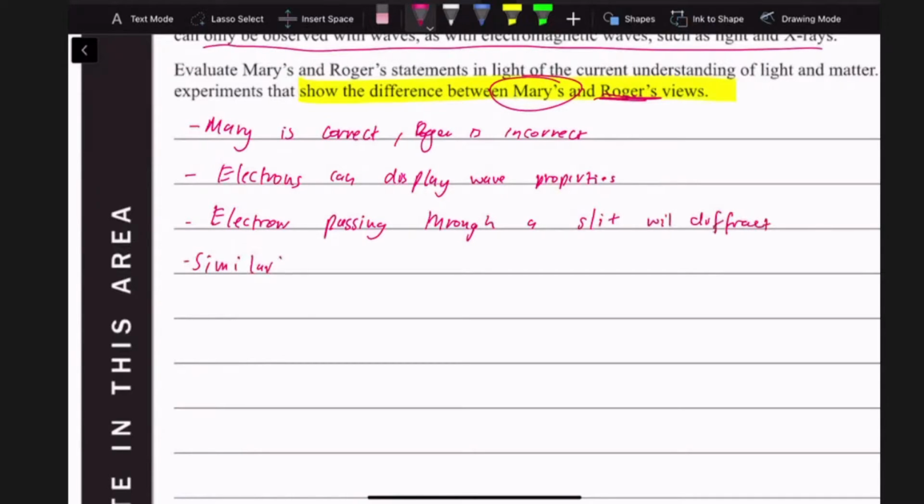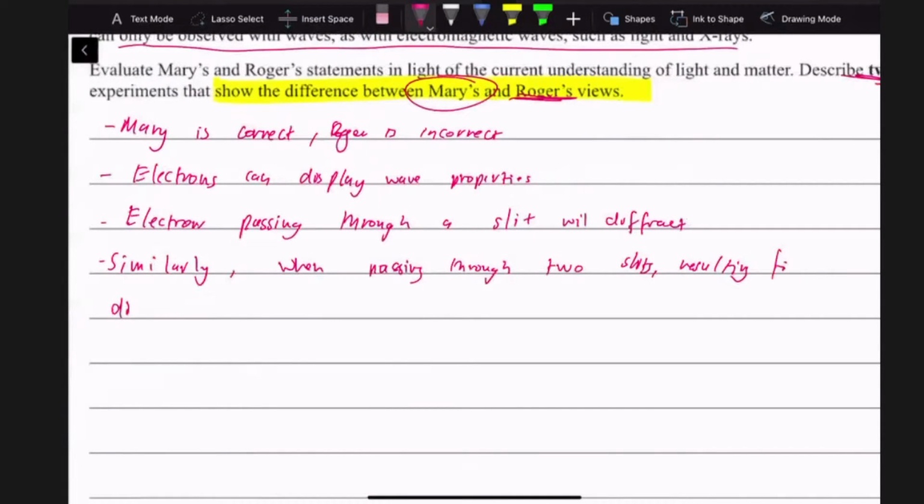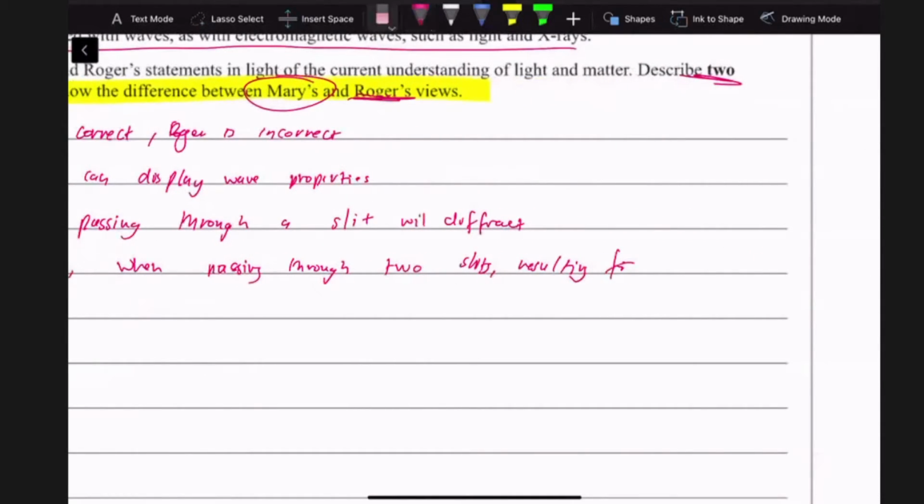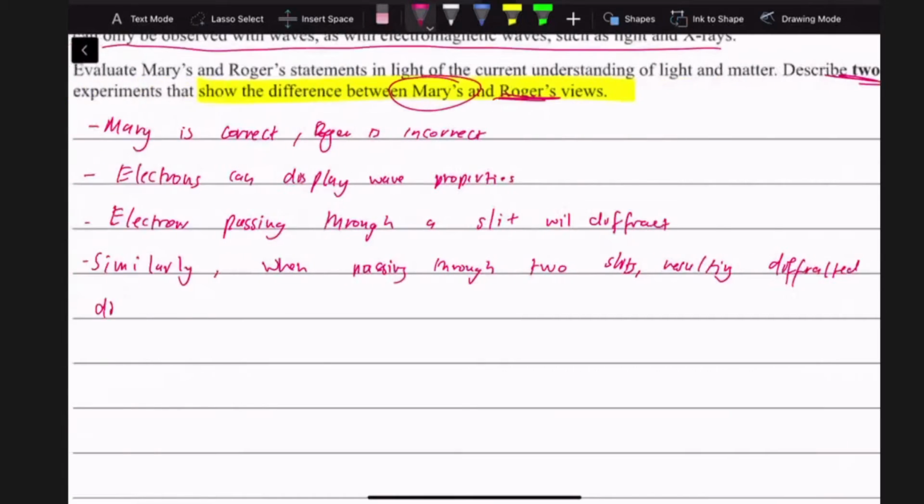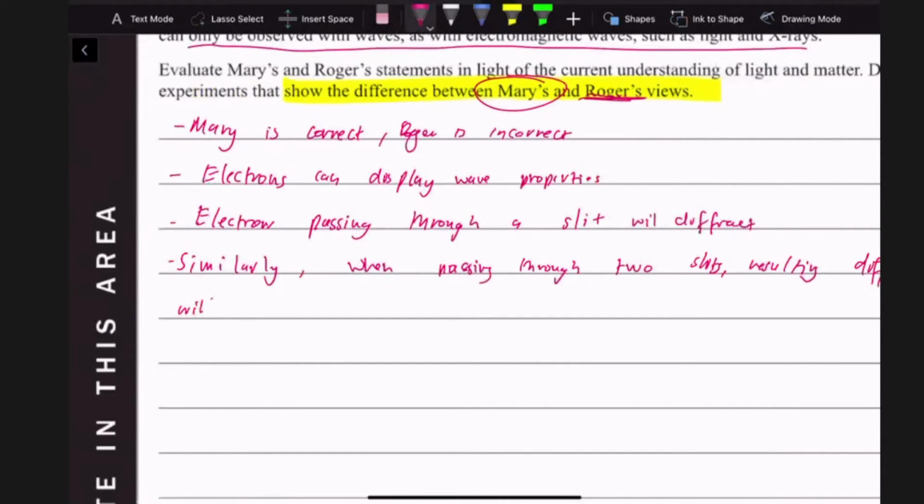Similarly, when passing through two slits, the resulting diffracted waves will interfere constructively and destructively.